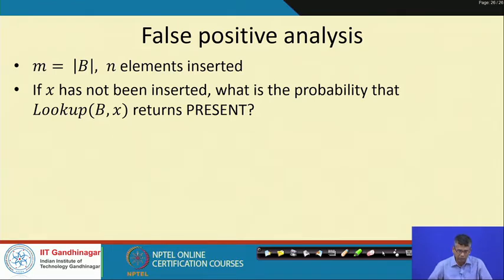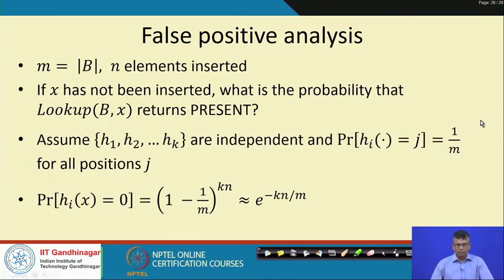However, let us look at what happens if x has not been inserted before, but now we are querying it, and so we want to bound the probability that lookup of Bx returns present, because that is the bad event, that is the false positive event. Okay. For this analysis, let us start out by assuming that H1, H2, up to Hk are all fully independent of each other. Okay. We will talk about what happens if they are not completely independent.